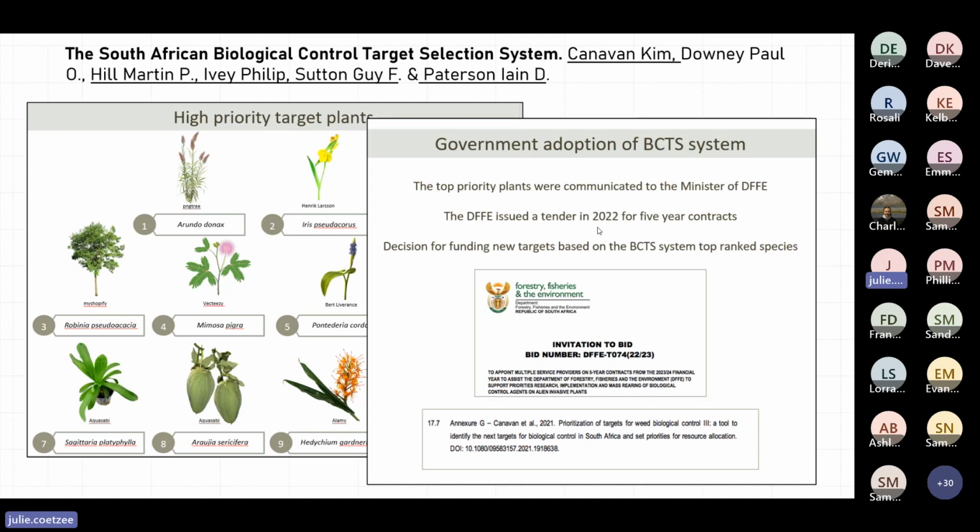And so in 2022, DFSE issued a tender for 5-year contracts, largely based on this prioritization system, which was quite a feat, I think, for biological control.